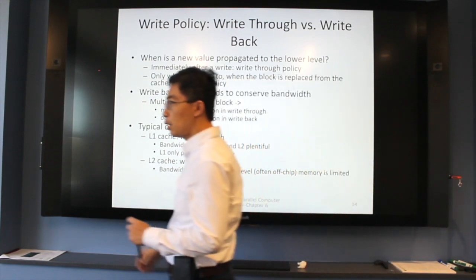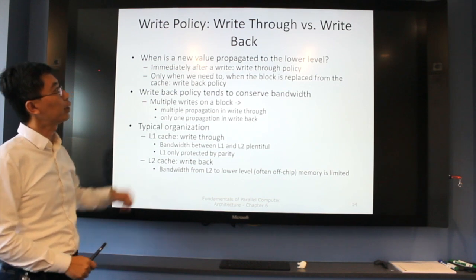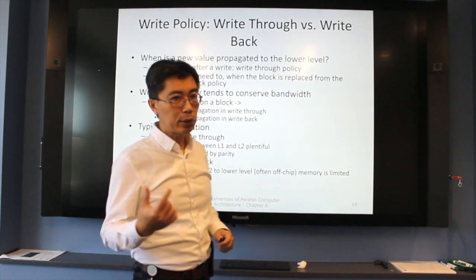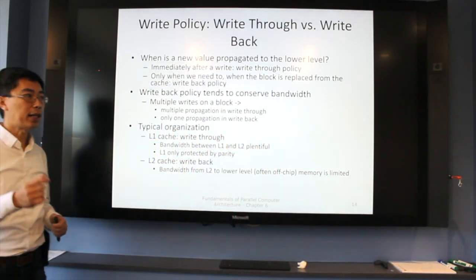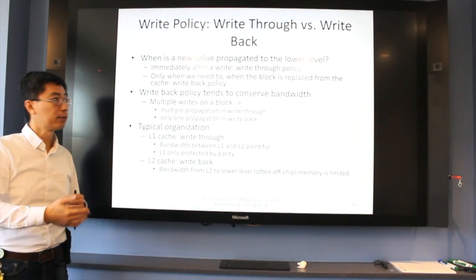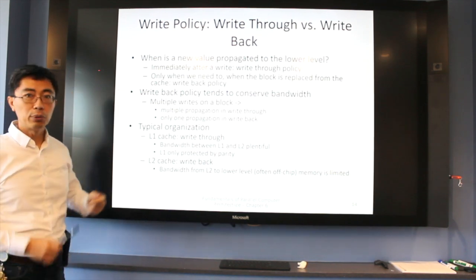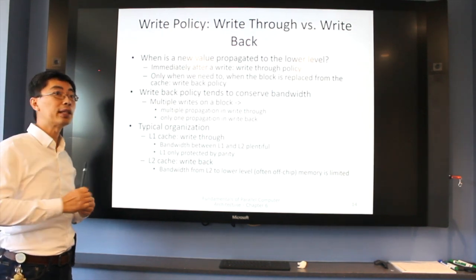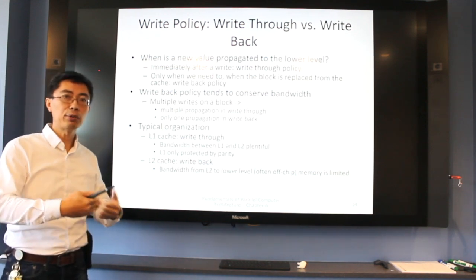All right. Next item I want to talk about is the write policy. Here we have write-through versus write-back. Write policy deals with the following question: when do we propagate a value in a cache to the next level, or to the memory if the next level is memory? Should we do it immediately, so every time we write to the cache, we immediately propagate it to the next level, or should we wait until we have to evict the block?